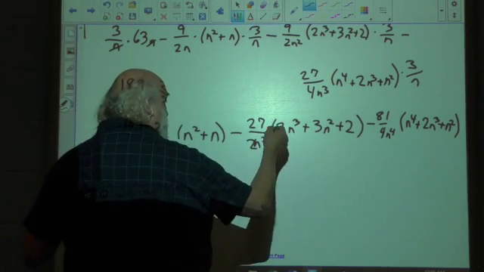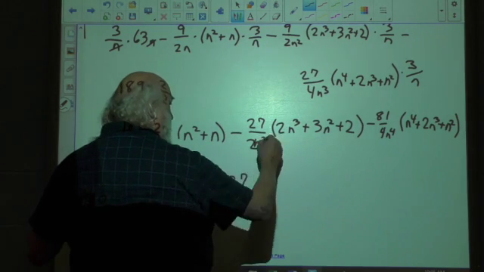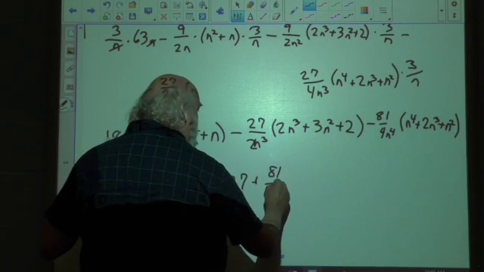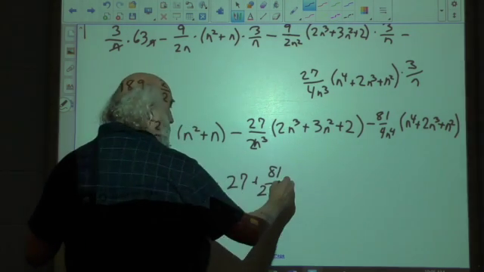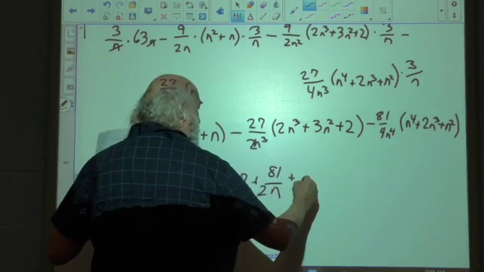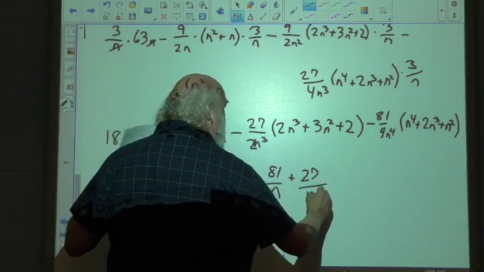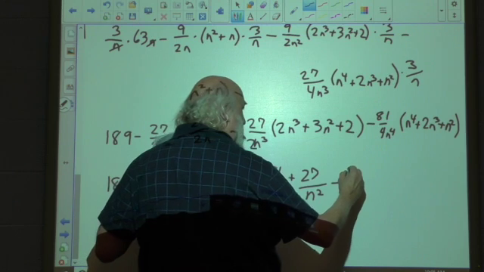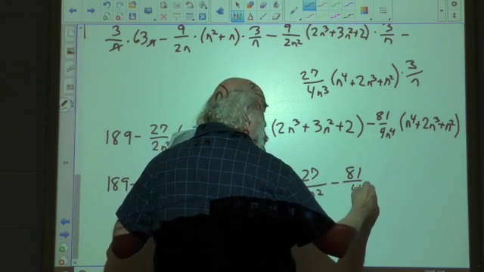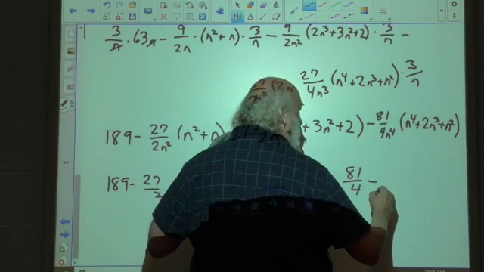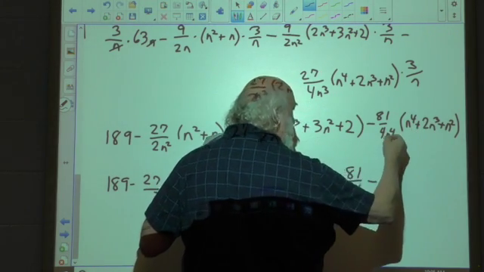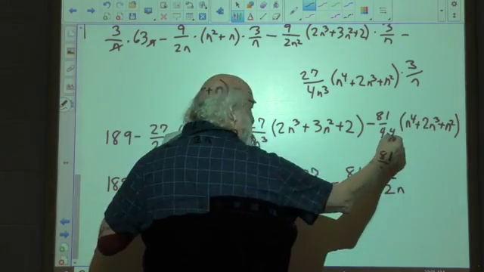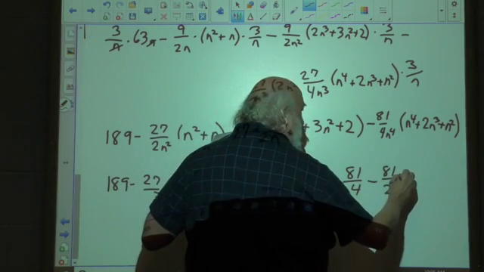So the 2's cancel out, and that leaves us 27, n cubes cancel out, so this is 27, plus 81 over 2n, plus the 2's cancel out, 27 over n squared, minus, and then the n to the 4ths cancel out, 81 over 4, minus, the 2 cancel out, 81 over 2, and then the n to the 3rd, n to the 4th, leaves the n down here.